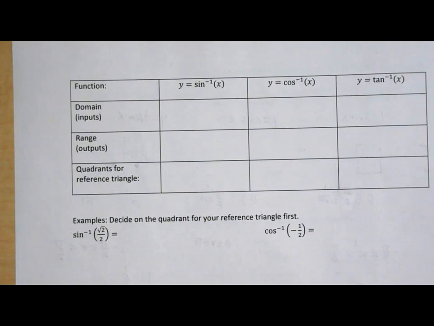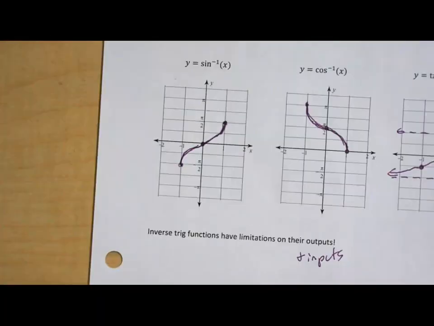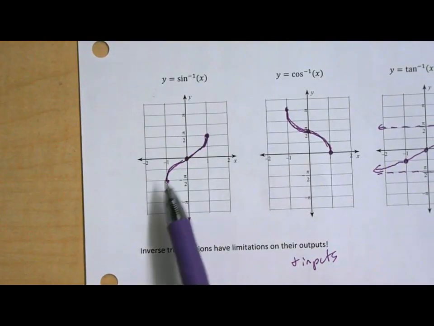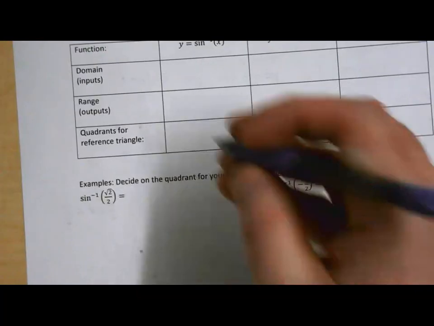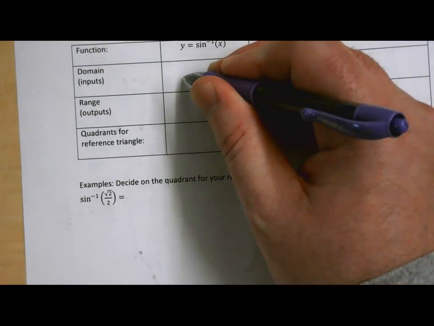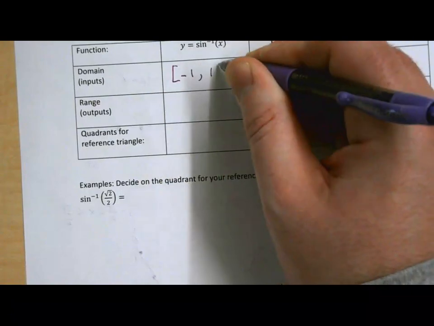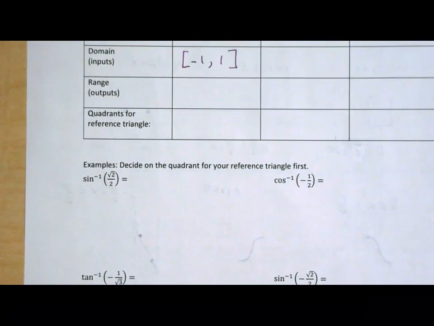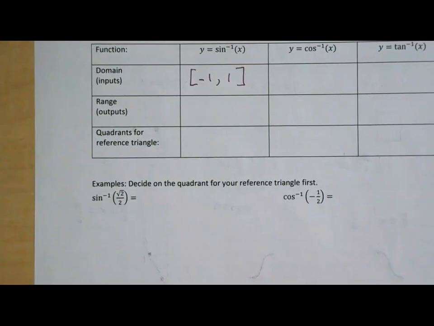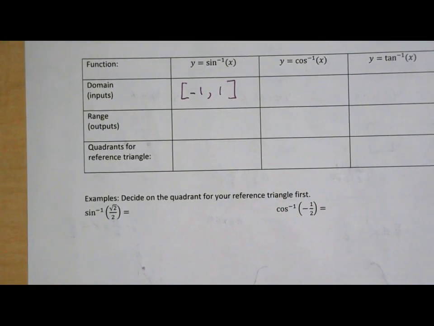Tell me, what is the domain of inverse sine? We're talking about how far to the left and how far to the right. -1 to 1. Brackets or parentheses? -1 to 1, both are included. The range goes with the outputs, the y values.